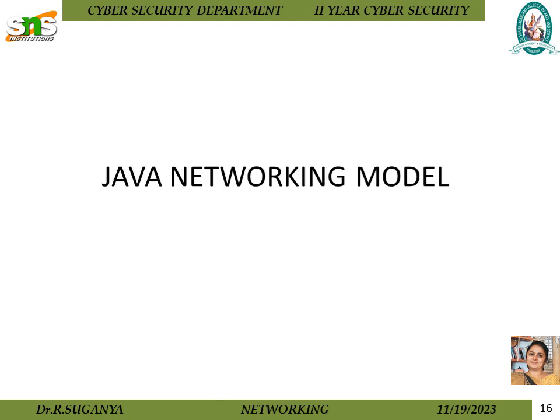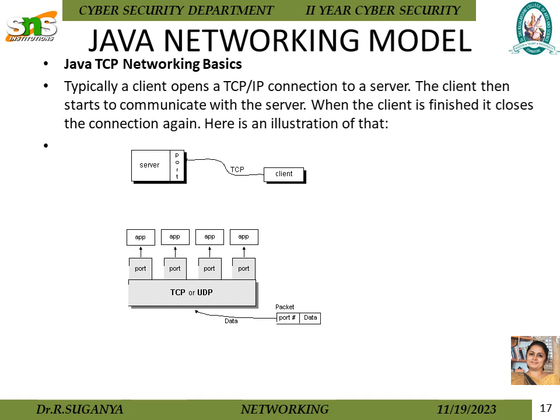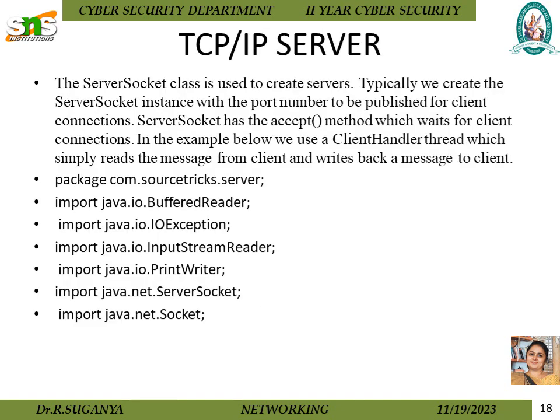Next is about Java networking. In Java TCP networking basics, we have a server and a client, where the server communicates with the client using the TCP protocol. Many applications can be connected with each protocol or port number, and the port numbers carry the data to a particular protocol from one application to another.